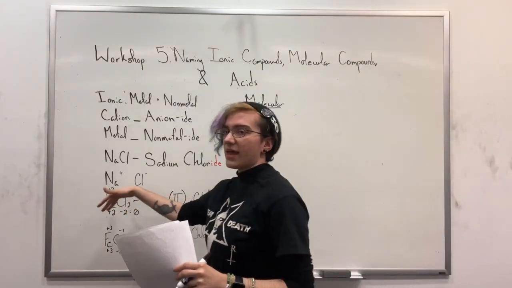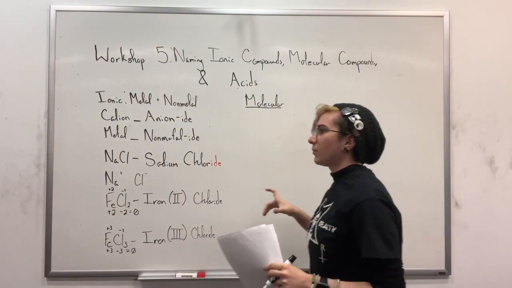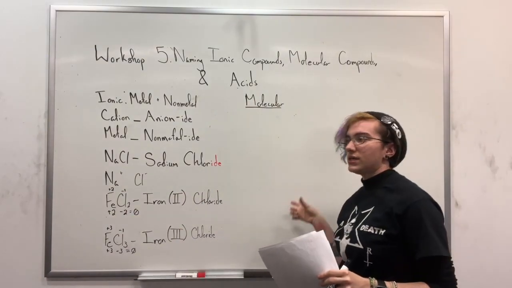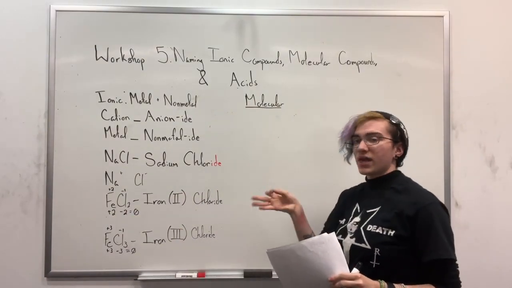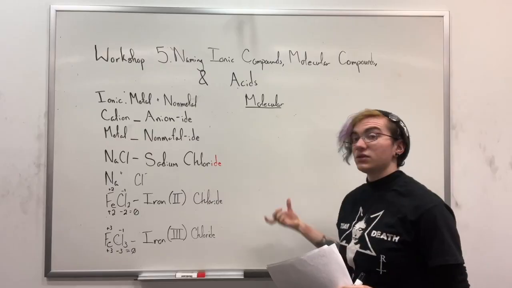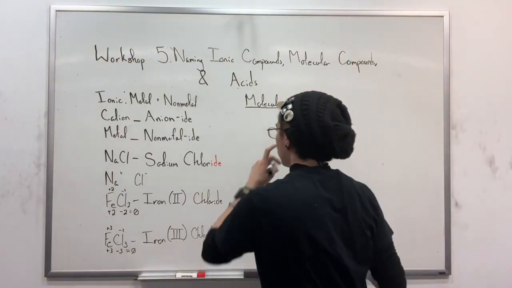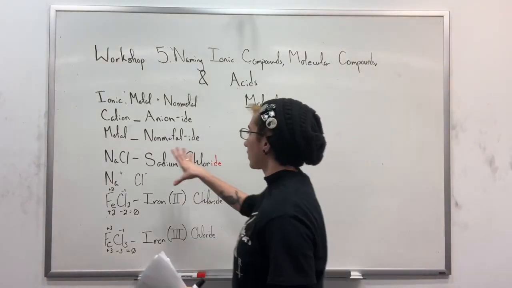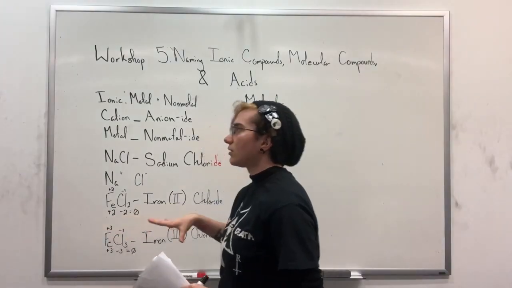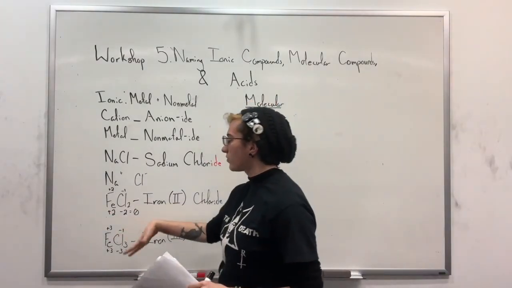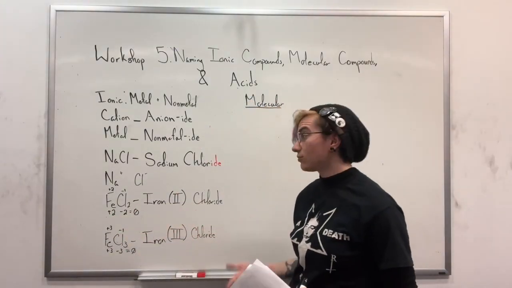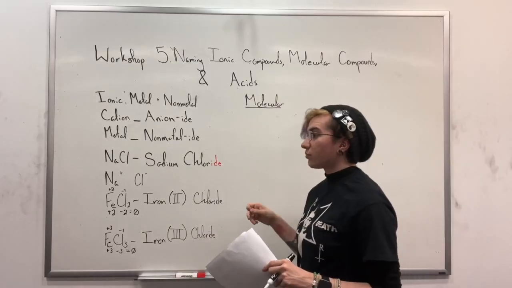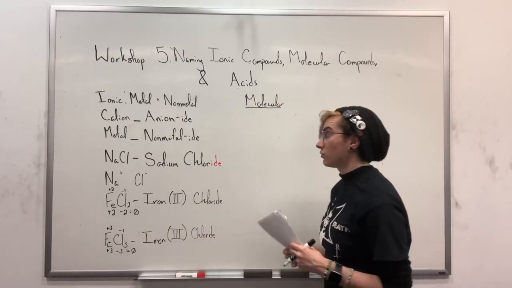So identifying that Fe is iron, and just being able to associate chemical symbols with the names of compounds, or vice versa. The name of the atom itself with the chemical symbol. And then of course with ionic compounds there is some level of math involved to make sure that your charges are balanced out. Because if your charges are properly balanced, then you know you have the correct compound.